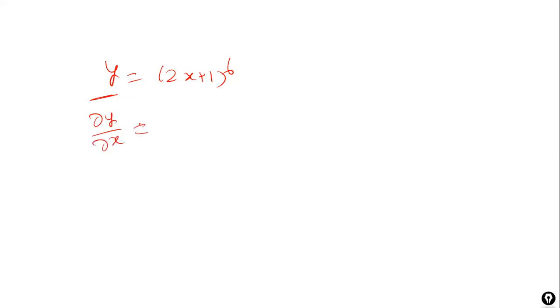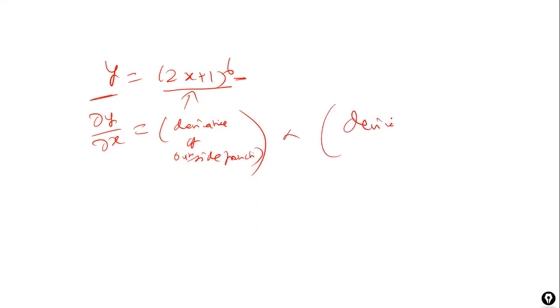In the case of chain rule, first you need to take the derivative of the outside function and then the derivative of the inner function. So I just write it here: derivative of outside function into the derivative of inside function.